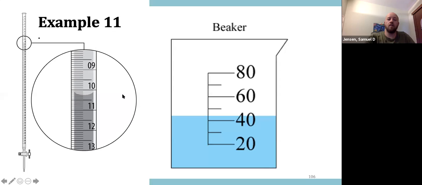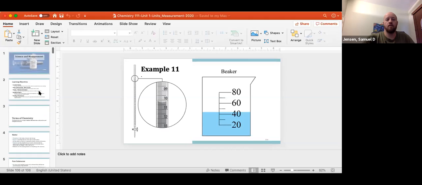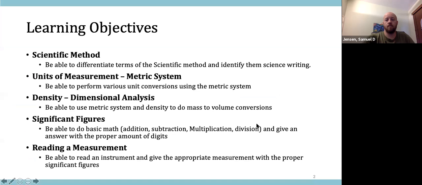Okay. All right, so that concludes chapter 1. So for the quiz next week, your main focus, let's pop back over to our learning objectives.